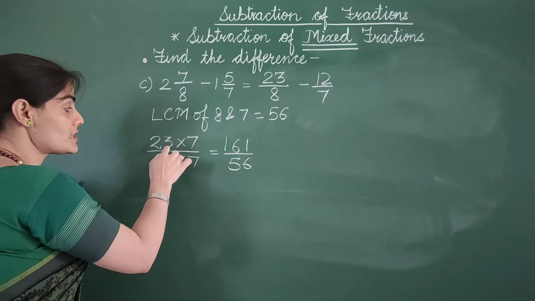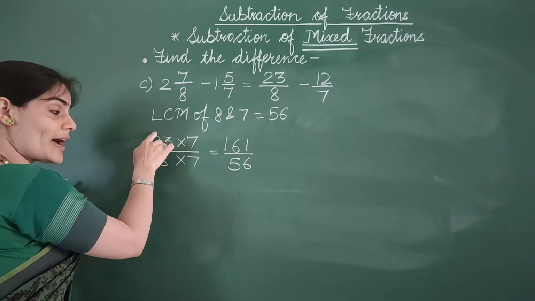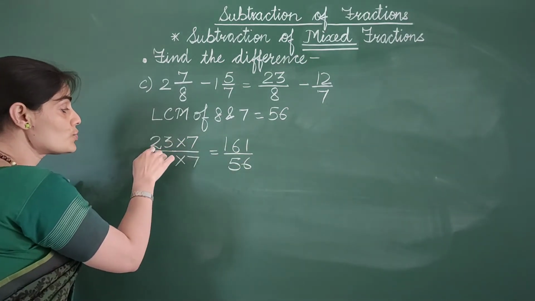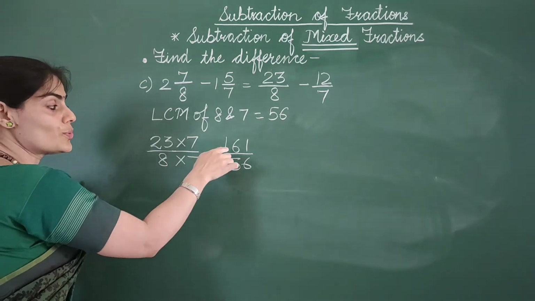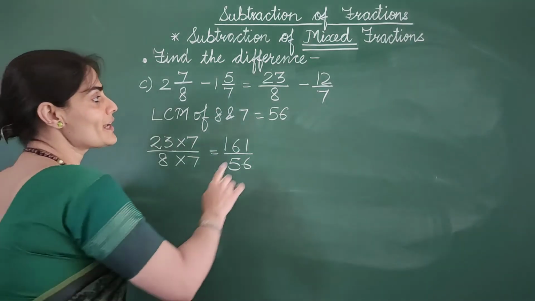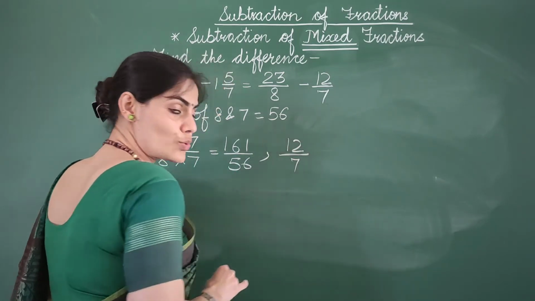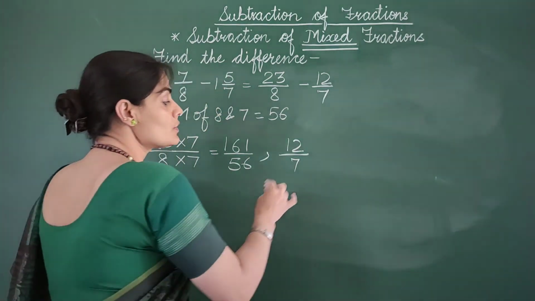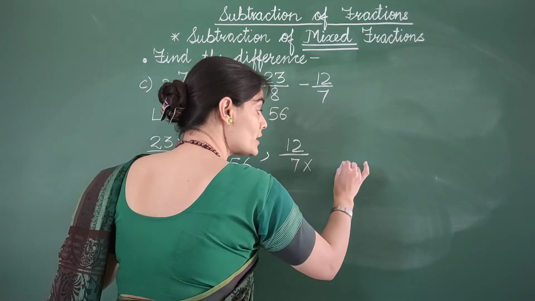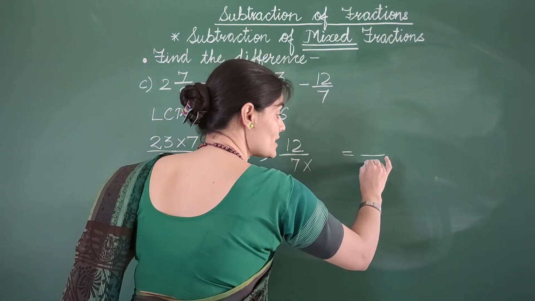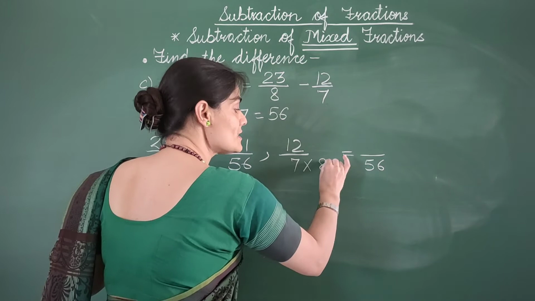Let's check. 7 times 3 is 21, 2 I carry. 7 times 2 is equal to 14 plus 2 is 16. Now we do the same thing with the next fraction, which is 12 by 7. 7 should be multiplied by what number so that the denominator comes as 56? It is 8.